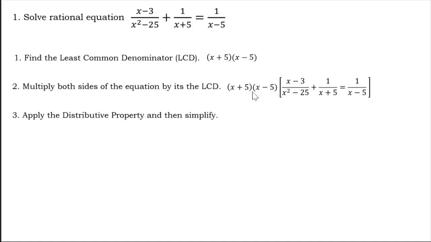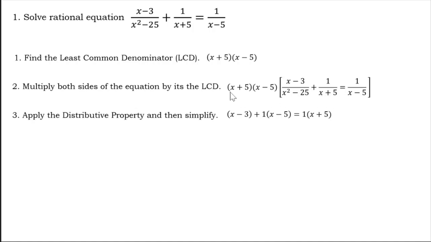So we divide this one, it becomes 1. And then, quantity x plus 5 times quantity x minus 5 times 1 over x plus 5.